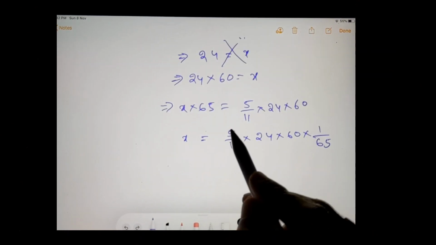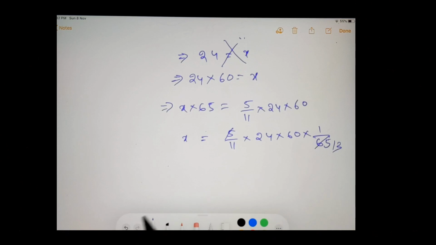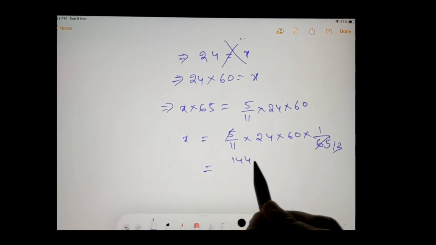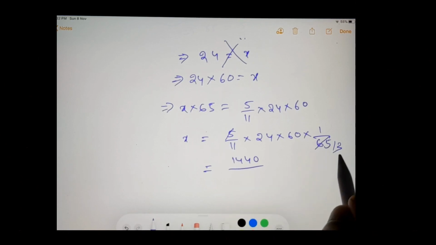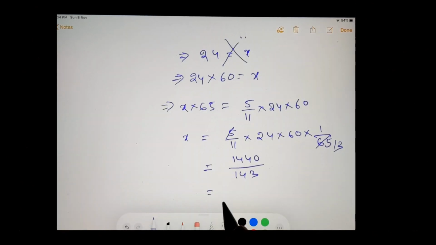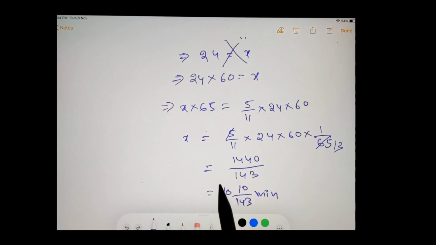If we solve this equation, 5 13s are 65, 24 into 60 is 1440, divided by 11 into 13, that is 143. We can write this as 10 and 10 by 143 minutes. It means the given clock gains 10 and 10 by 143 minutes in 24 hours.